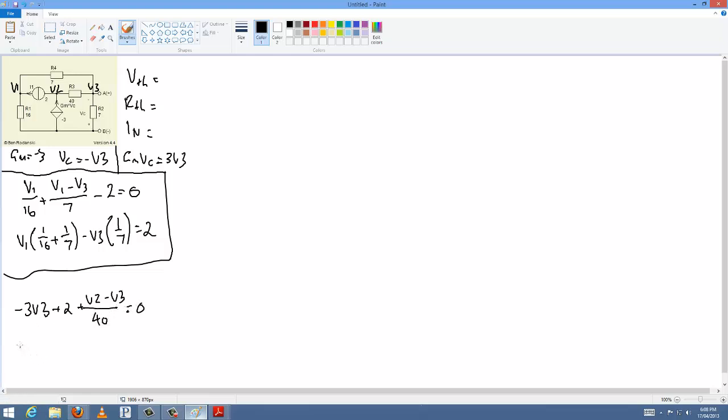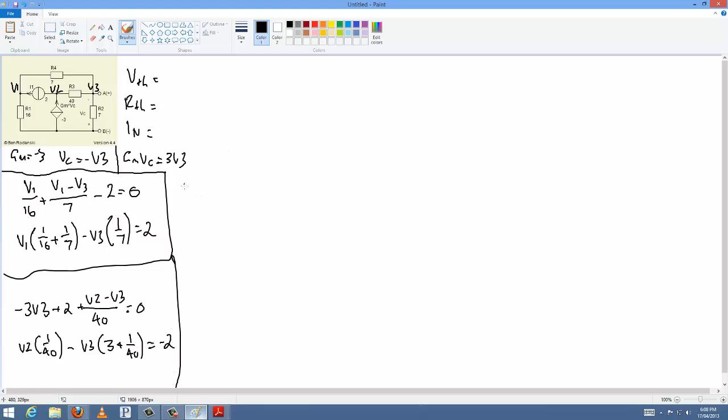Simplifying, we get V2 1 on 40 minus V3, 3 plus 1 on 40 equals -2.